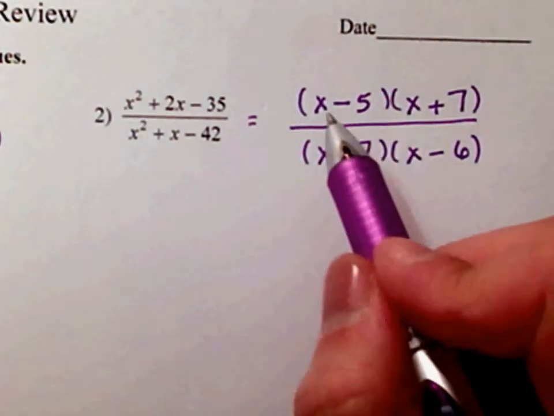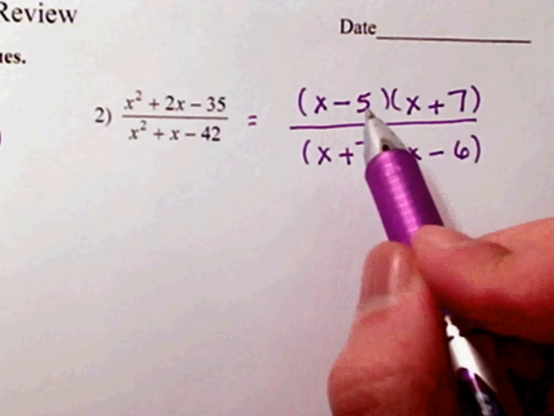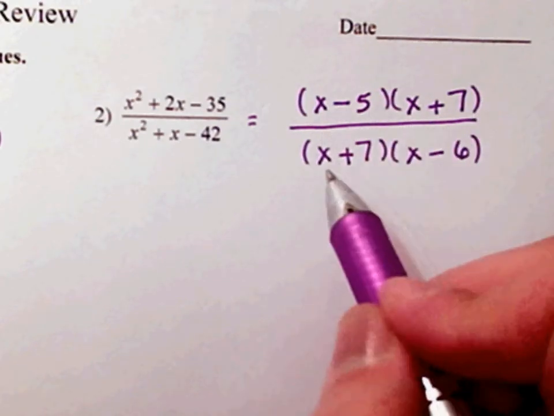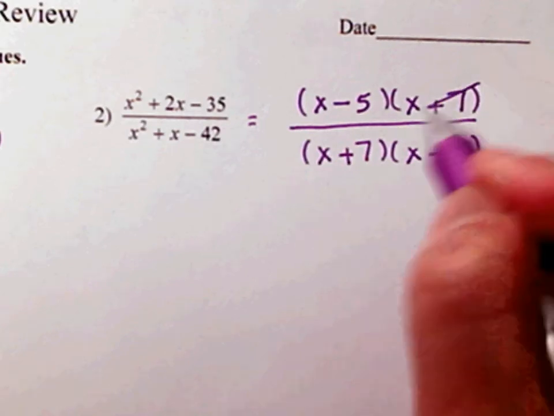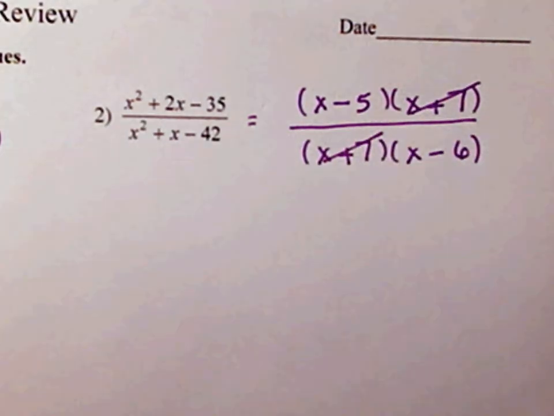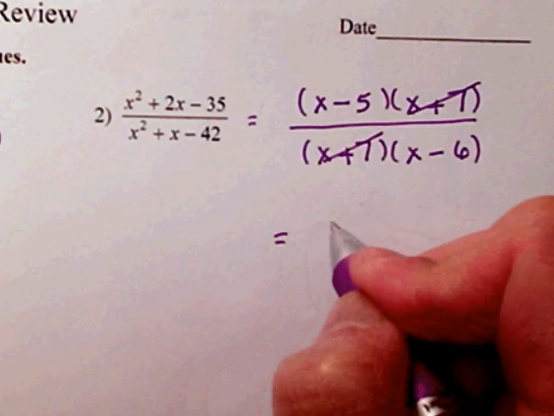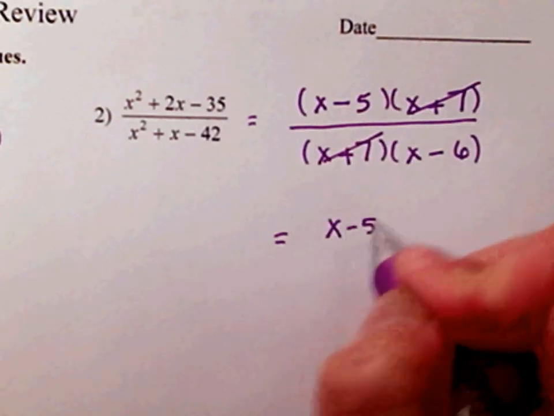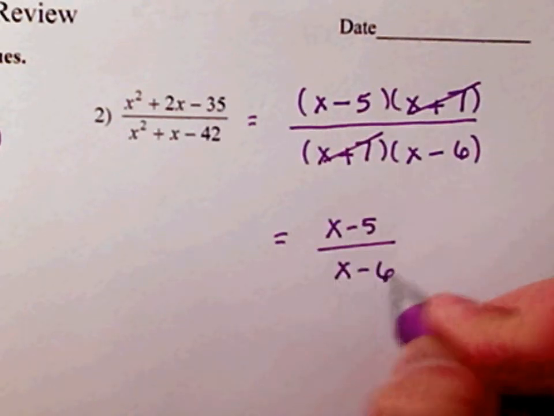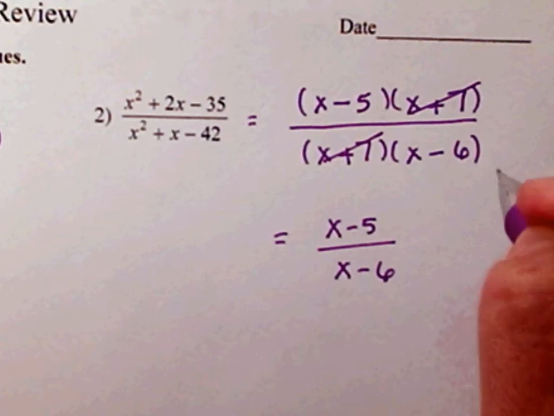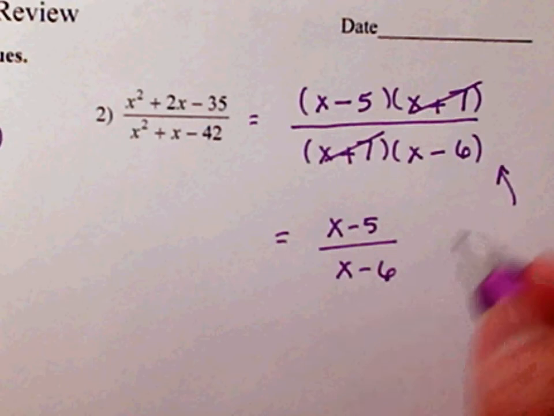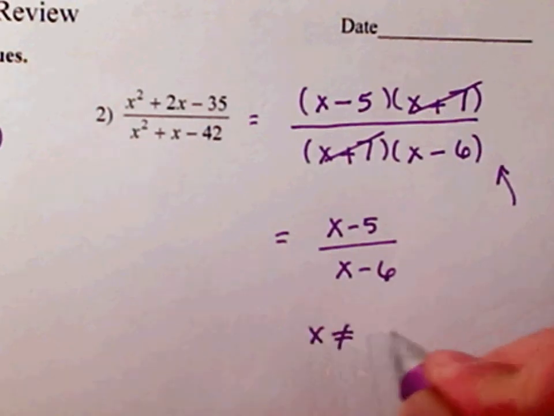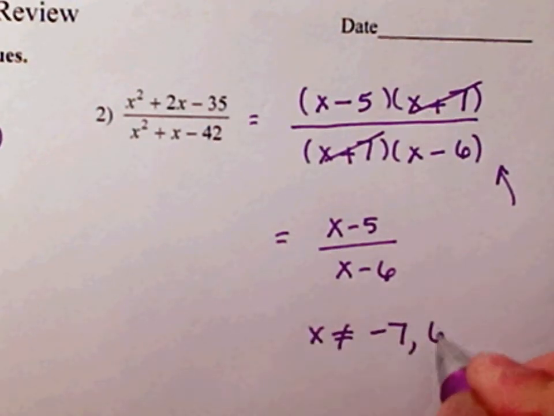You got x minus 5 times x plus 7 divided by x plus 7 times x minus 6. Notice these 2 cancel out 1 to 1. So your final answer is x minus 5 over x minus 6. Go back to this part to determine your excluded value. X cannot be negative 7, positive 6.